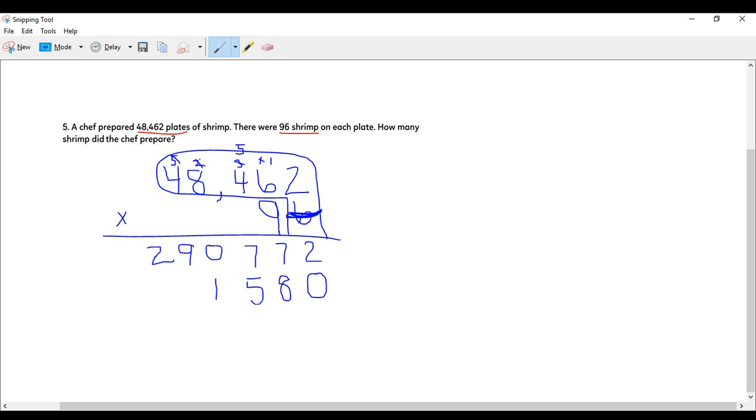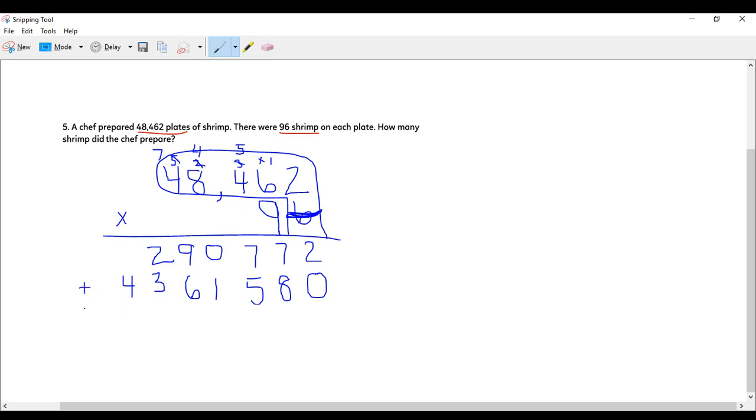I'm going to put my 1 down, carry my 4. 9 times 8 is 72, plus 4 is 76. I'm going to put my 6 down, carry my 7. And 9 times 4 is 36, plus 7 is 43.